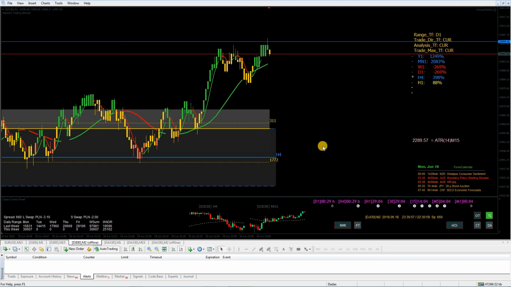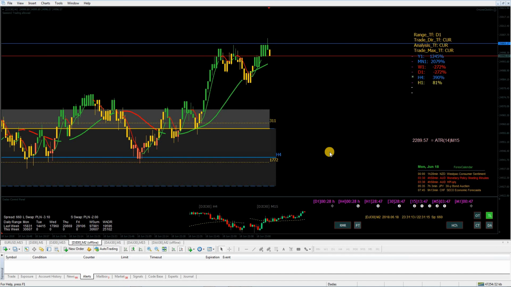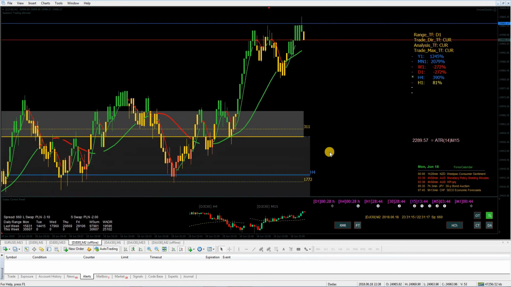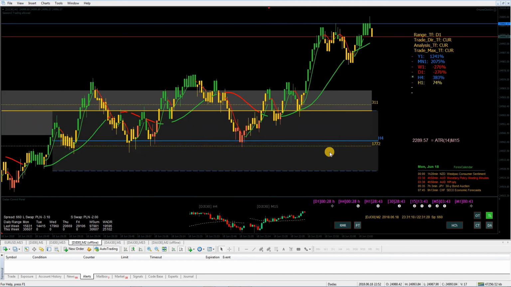No. It's up to you. I'm just testing this idea, and I see a very big potential right here with the range bars. I will still be trying to trade in the following days, maybe the whole week. This whole week I'll be trading on the range bar charts.